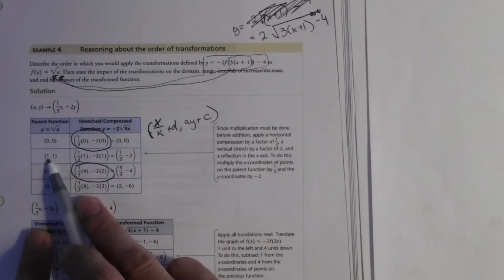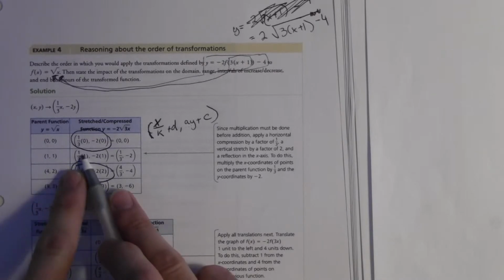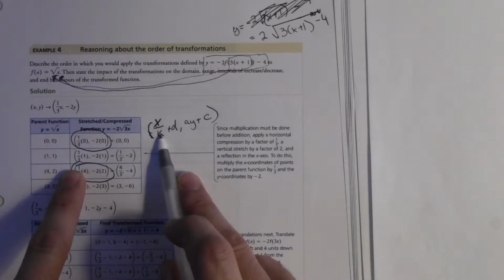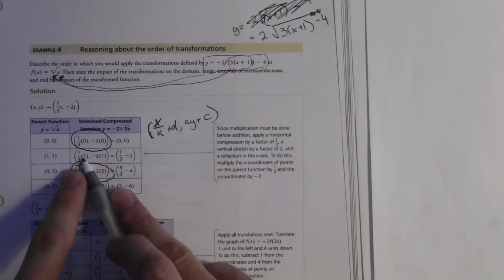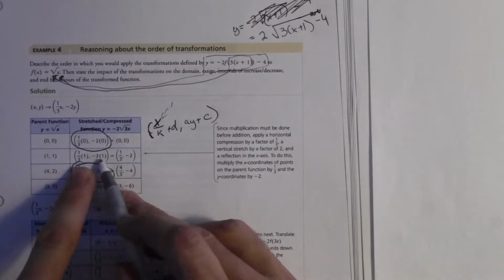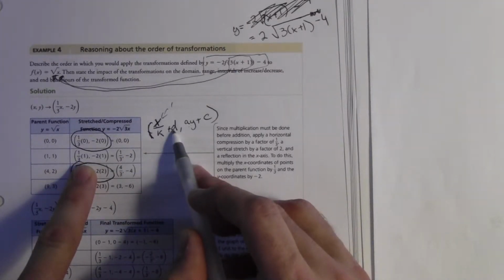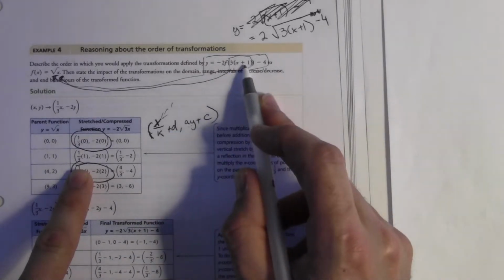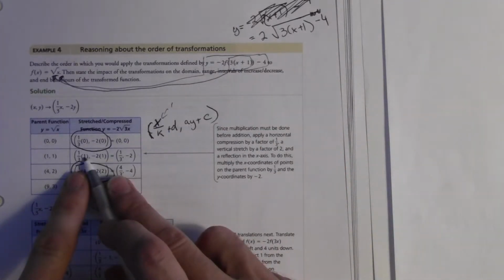Let's do it with 1, 1. Make a little more sense. So 1 over 3, so there's our x value over the k value, which is 3, times the x value, which is 1, so x being 1, plus d, there's no d value. Oh, sorry, there is a d value. The d value should be plus 1 here.